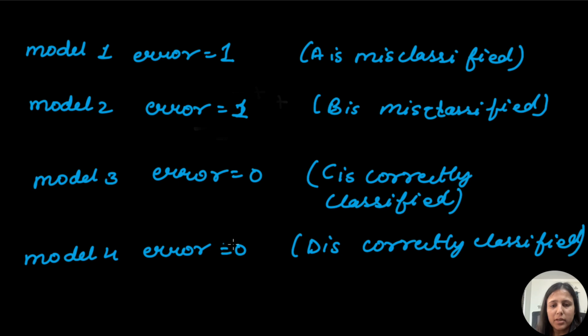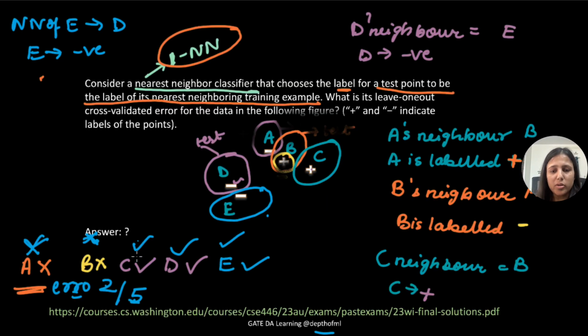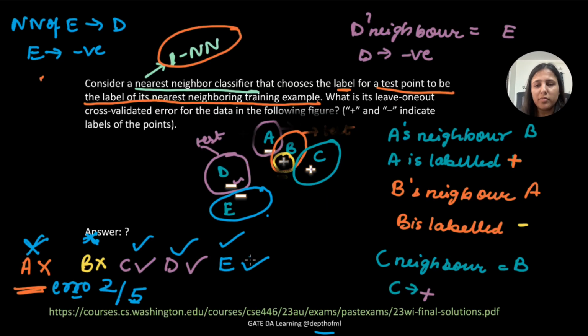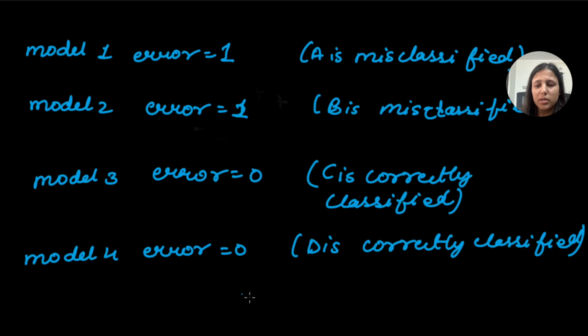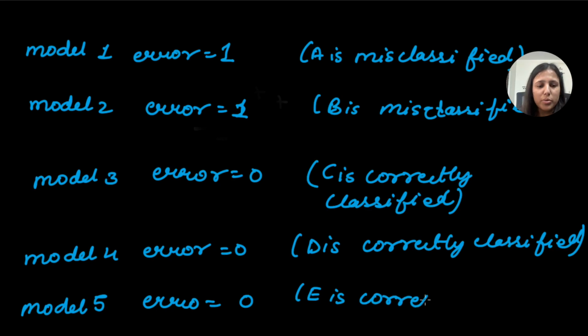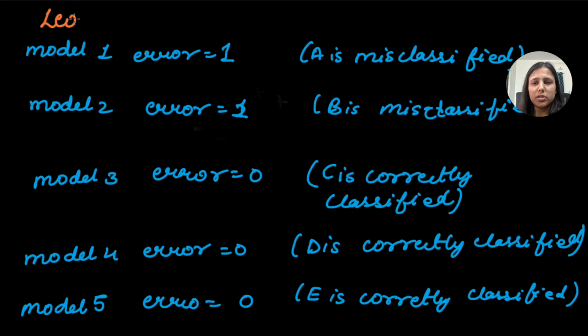So if you go back, D was correctly classified, and also E is correctly classified. So model 5 error is also 0. E is correctly classified. So we saw how we use leave one out cross validation, right? And also how we use the nearest neighbor. So this is leave one out cross validation.